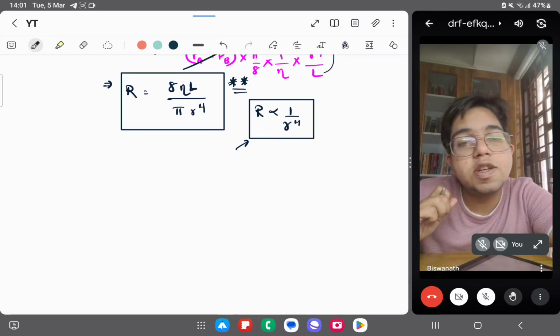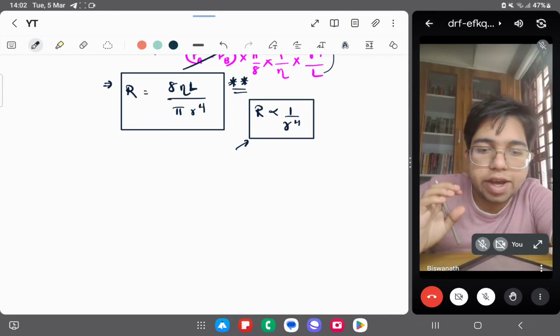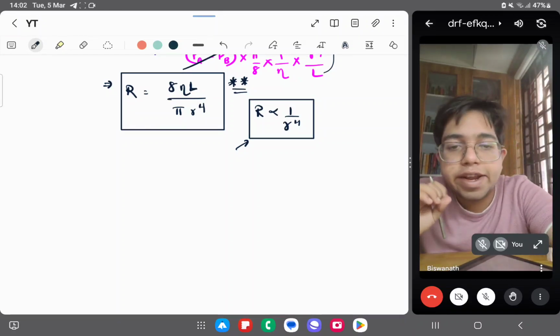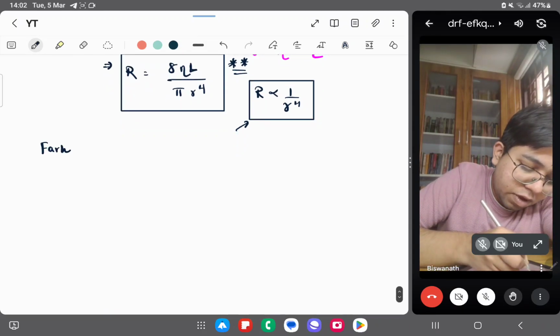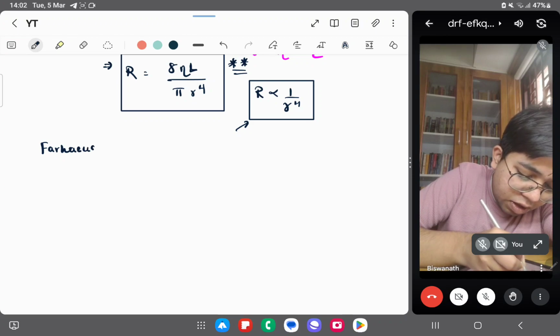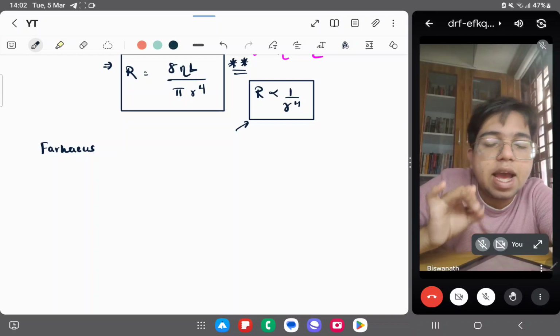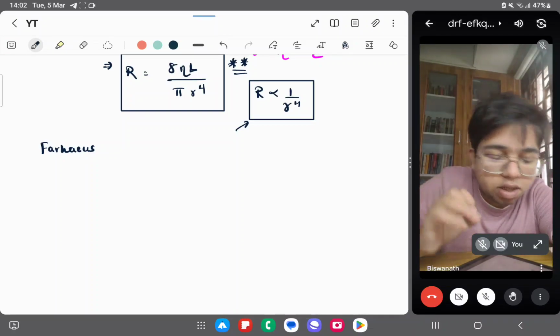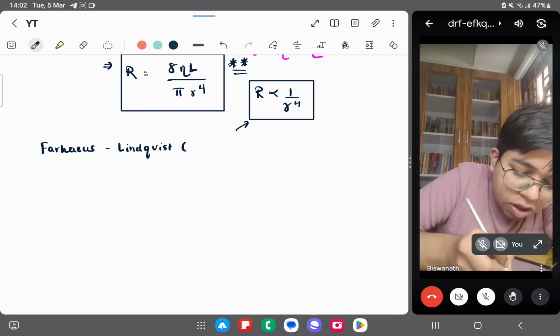There is an effect known as the Fahraeus-Lindqvist effect. It's difficult to pronounce, I know. You can just pronounce it like Fahraeus and Lindqvist effect.